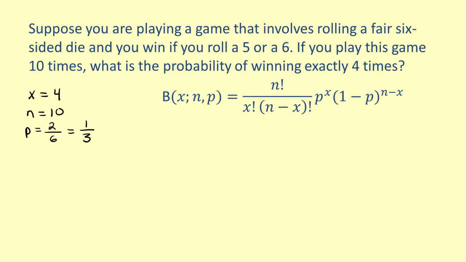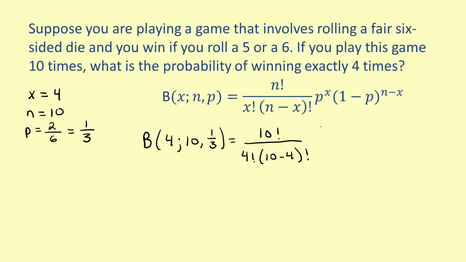Substituting these values into the binomial probability formula, we get b of 4 semicolon 10 comma 1 over 3 is 10 factorial over 4 factorial times 10 minus 4 factorial, times 1/3 to the 4th power times 1 minus 1/3 to the power of 10 minus 4.